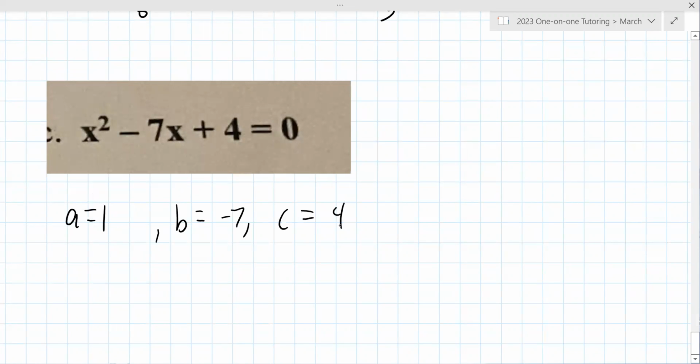A quick side note is that you have to get everything on one side of the equation before you can identify A, B, and C. B squared minus 4AC. Will you calculate that for us, please? Sure.